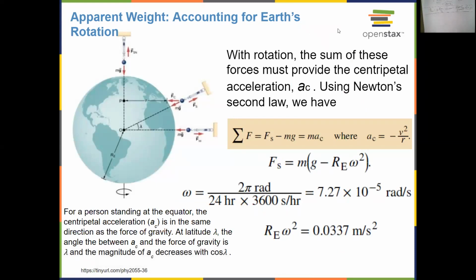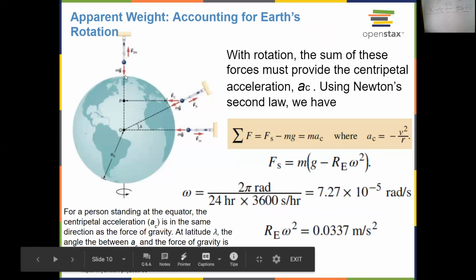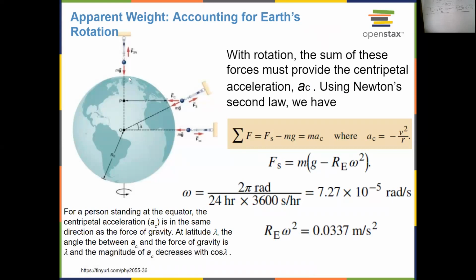So on the Earth, because Earth rotates about its axis, the places other than the poles have rotation, but near the poles that rotational effect is going to be zero because the radius is zero.